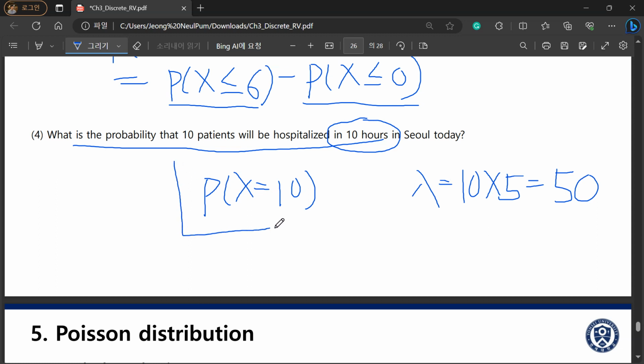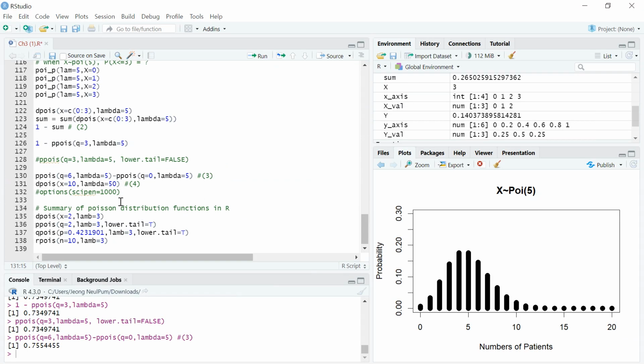So when we want to get the probability when x is equal to 10, you have to be careful that we use the lambda value as 50 here. This is the reason I use lambda as 50 when I want the probability when x is 10.